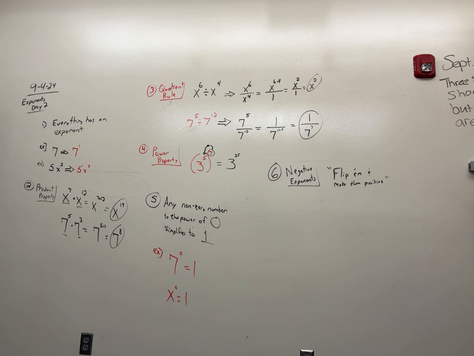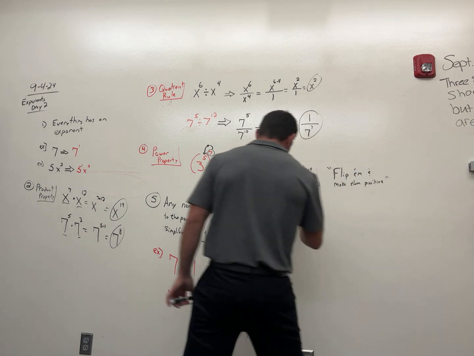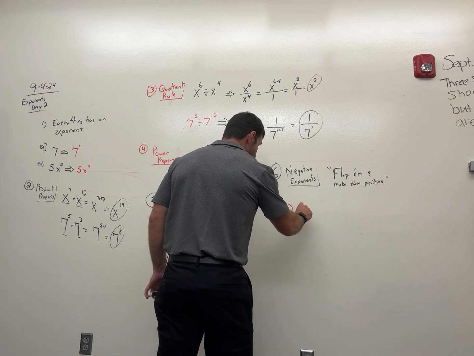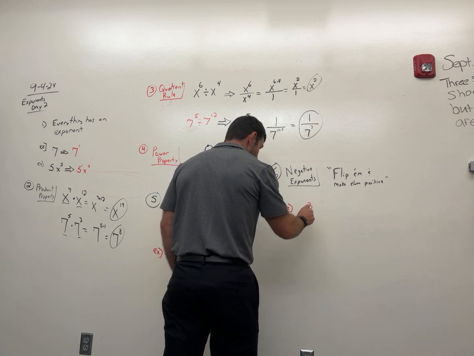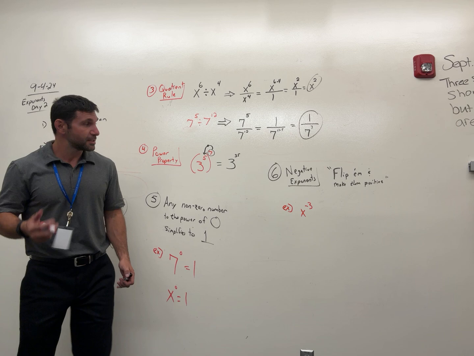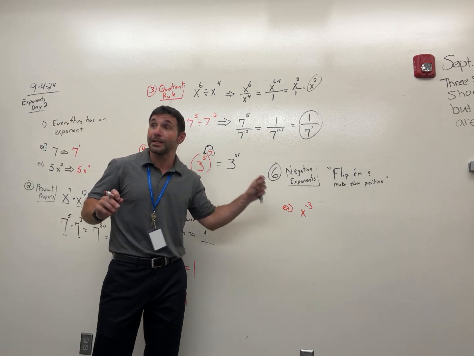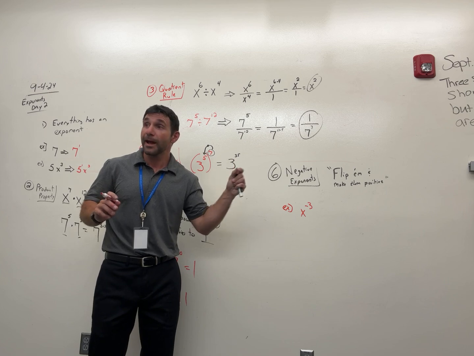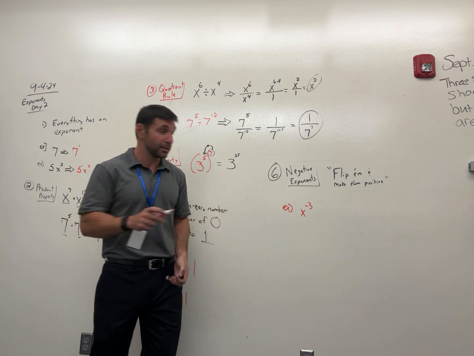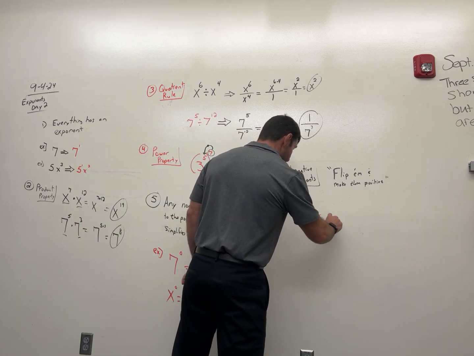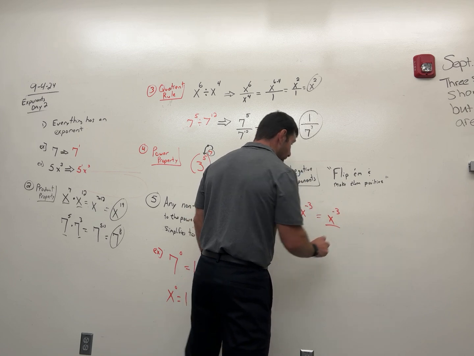Negative exponents. Flip them and make them positive. What does that mean? Well, if I have x to the negative 3, what I want you to do is, if you have a negative exponent, not a negative number, a negative what? Exponent, make it a fraction immediately. X to the negative 3 divided by what?